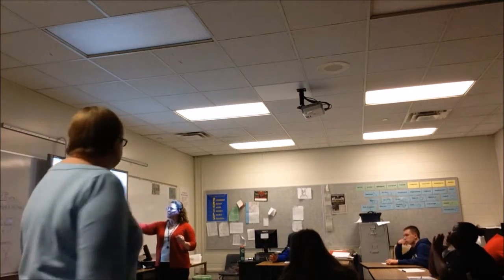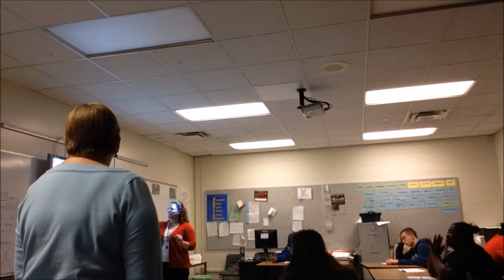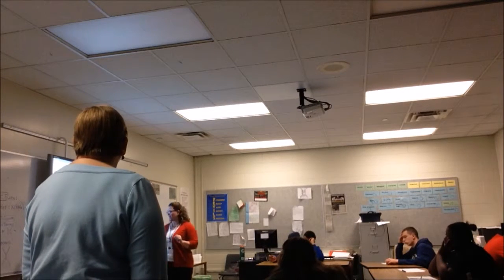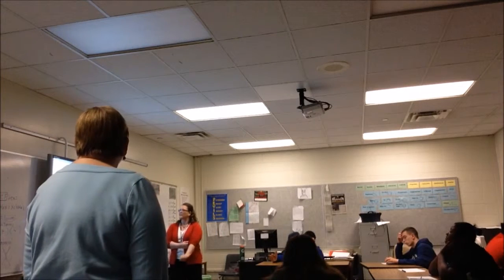Yep, good. And what goes in there? X. Yeah? And then what goes over here? Negative 2. So let's see if it's right. Excellent. It's just backwards. But remember, when we're multiplying, it doesn't matter what order they're in.